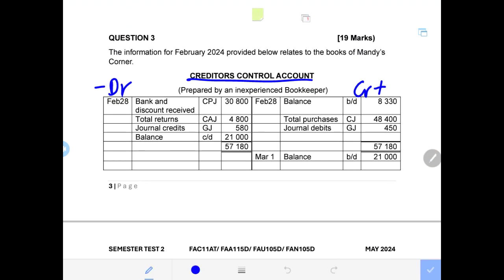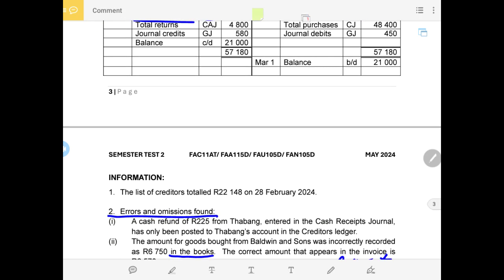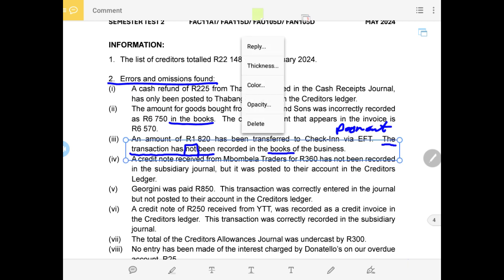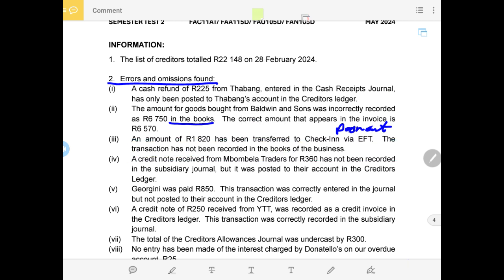Remember where they said bank and discount, which journal was this coming from? The cash payment journal. In this case, a payment was made but it was not recorded yet. So that's why this will be a cash payment journal recording, and it will go under bank and discount.